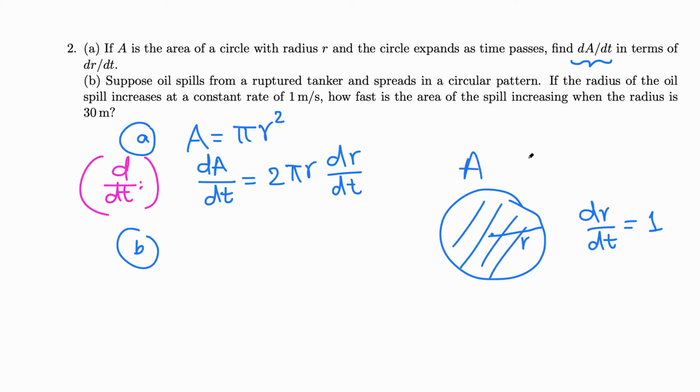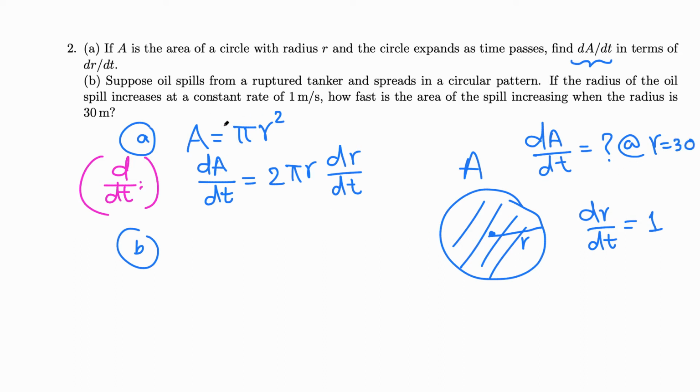How fast means dA over dt, the rate of change of area. Because the area is constantly increasing, we want to determine the rate of change of area at the moment when the radius is 30 meters.